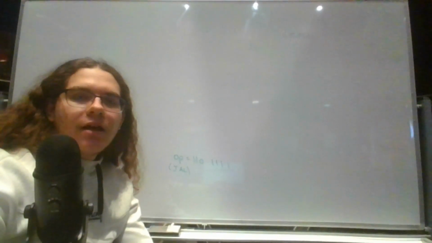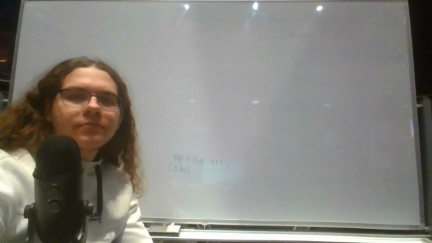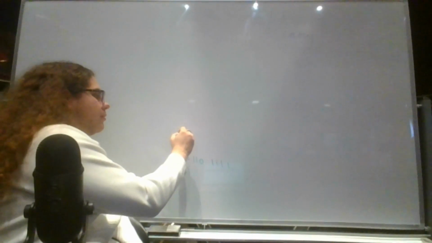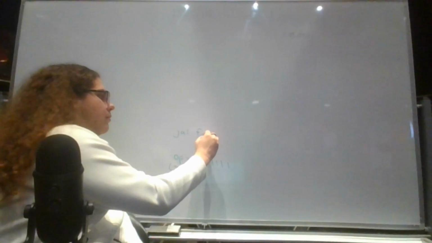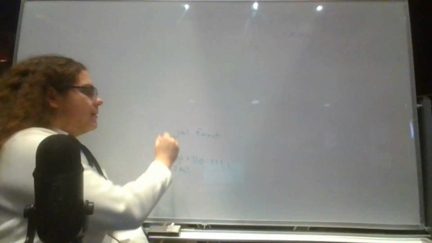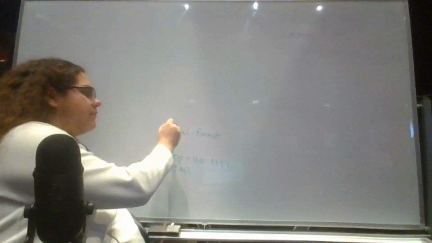So in the case of jump and link, when you write just a label, what's your destination register going to be? Because remember, that's a pseudo instruction. So what I'm referring to is the following.